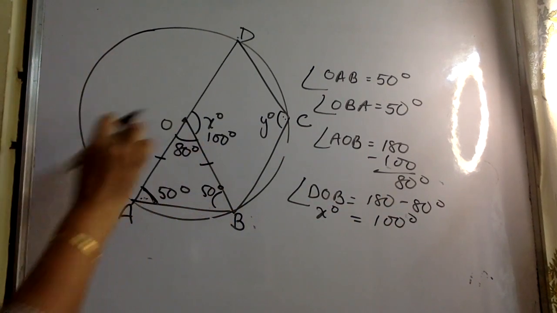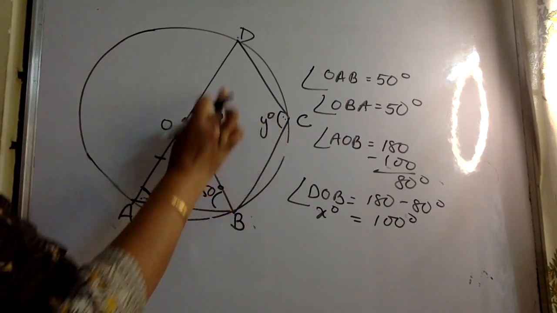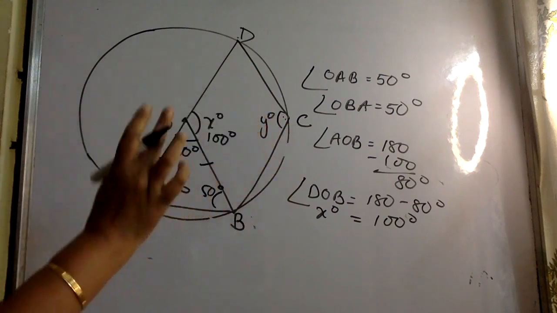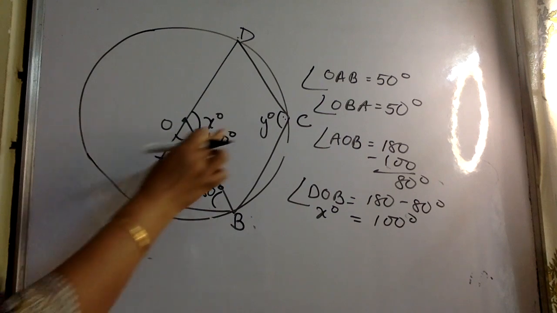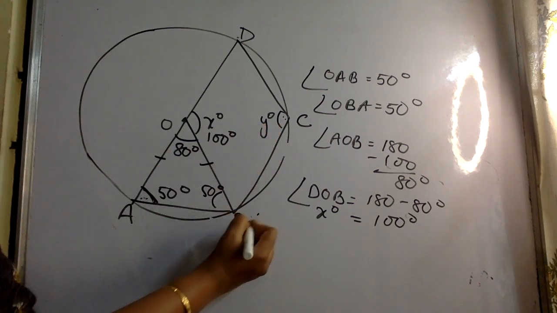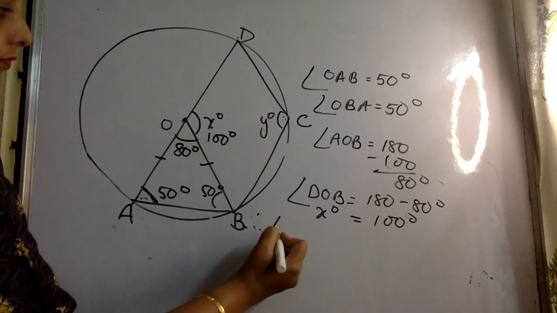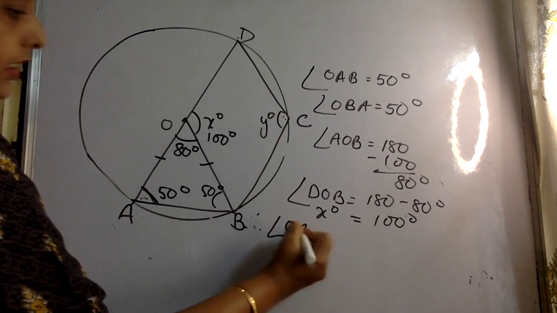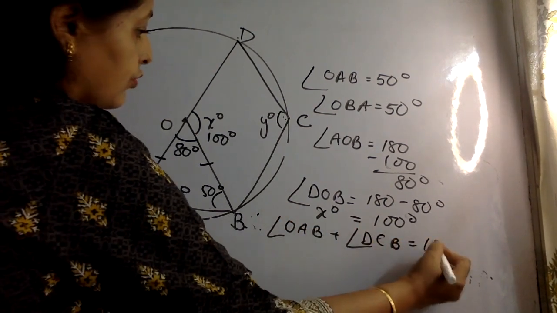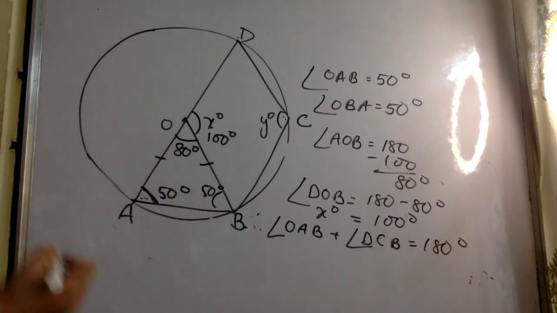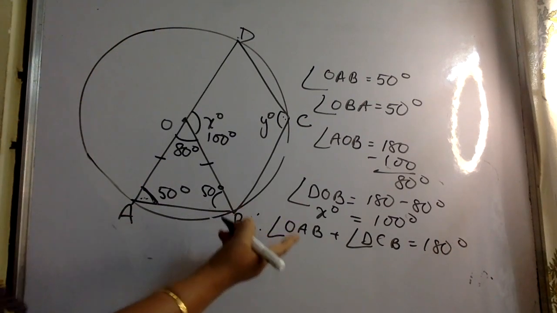Okay, so we got this. Now we are going to get this. We are back in the quadrilateral. We'll keep counting the sides 1, 2, 3 and 4. So this makes a quadrilateral. Therefore, angle OAB plus angle DCB is equal to 180. Why? Because they are opposite angles of a cyclic quadrilateral.